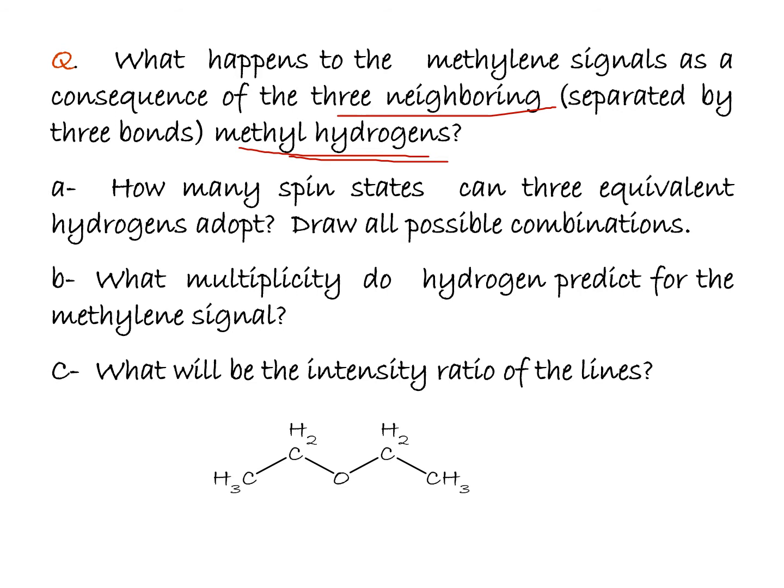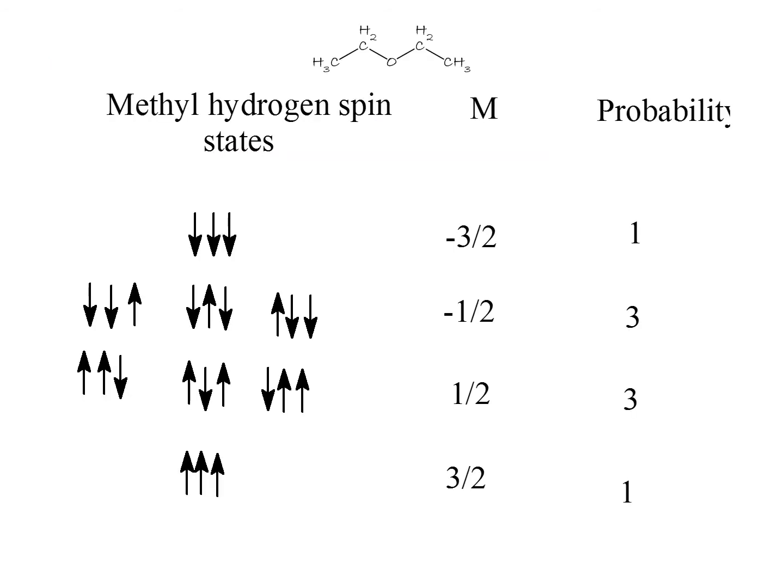What multiplicity do you predict for the methylene signals? What will be the intensity ratio of lines? I'm looking now for how this CH2 appears under the influence of the CH3.